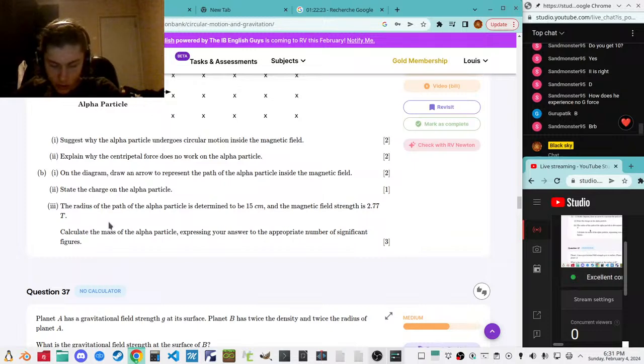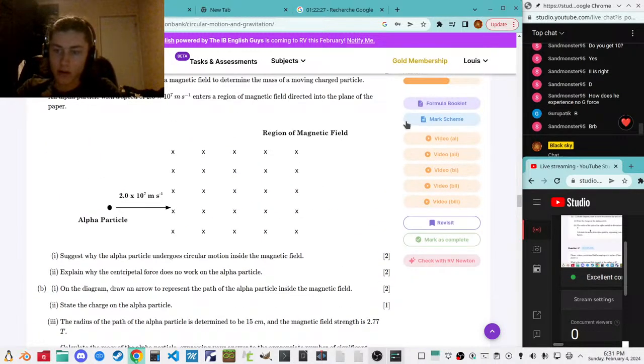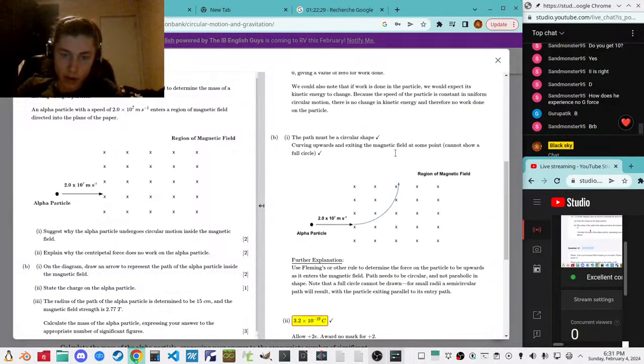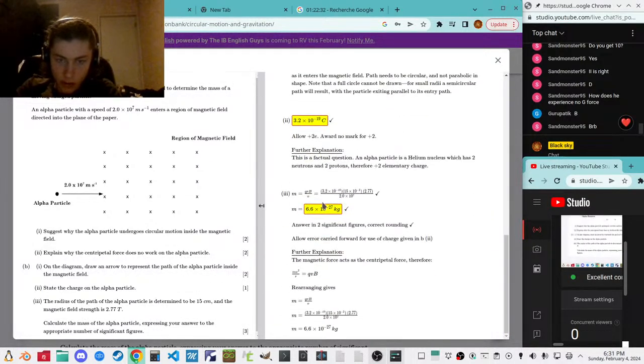So magnetic field strength. Okay, is this part of another topic? Let's just see. Magnetic field strength. Yes, you needed this. QvB.